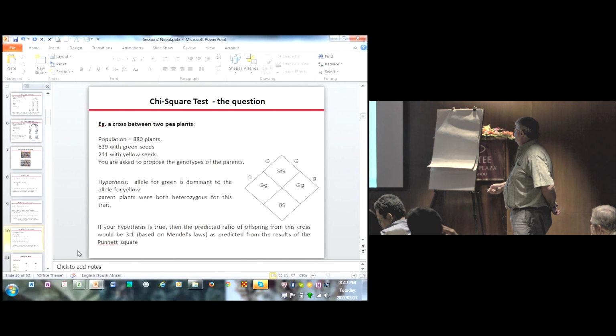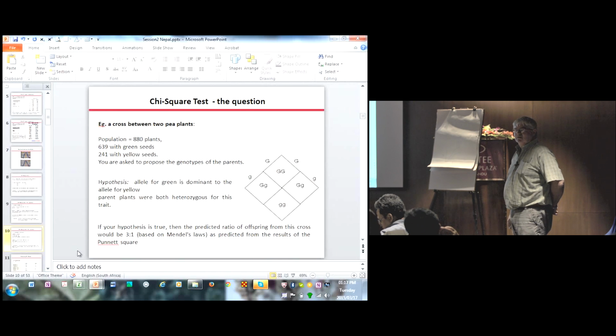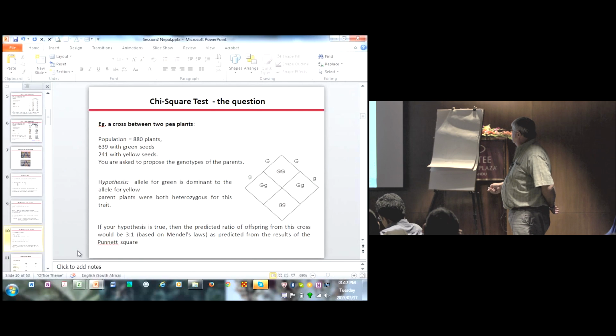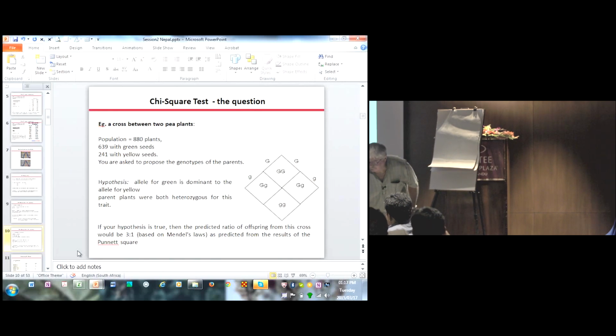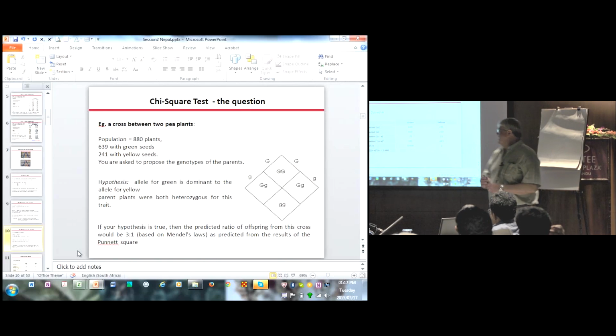So I expect, based on that, a 3-to-1 segregation pattern, Mendel's first law. There are my possible combinations, and because green is dominant, it will give me a 3-to-1 segregation pattern. I then put that in a table.